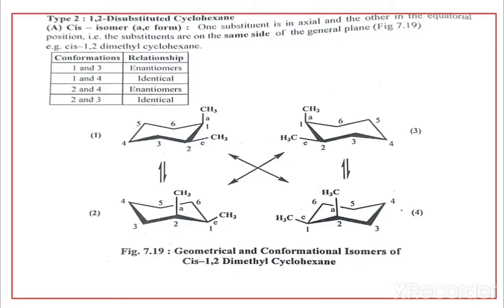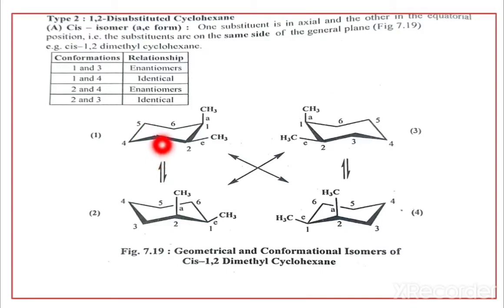Now, the relative stability. In the case of cis-1,2-dimethylcyclohexane, there is one axial and one equatorial methyl group. The axial methyl group produces a two butane-gauche type of interaction. That is, the axial group is gauche with respect to C3 and C5 of the ring.